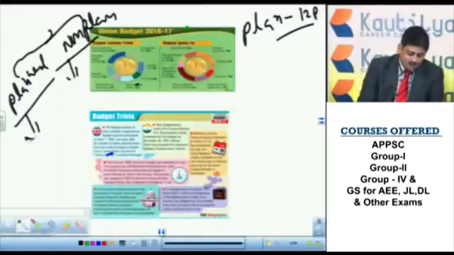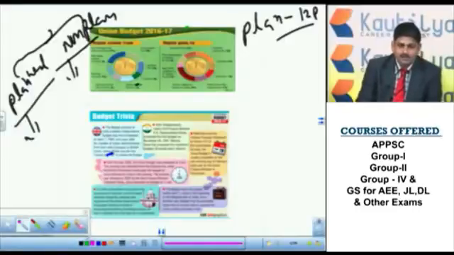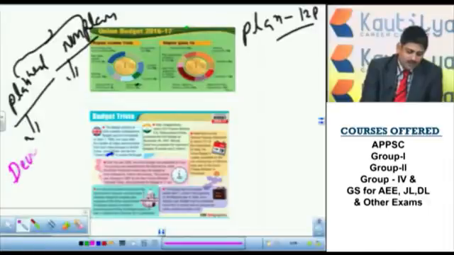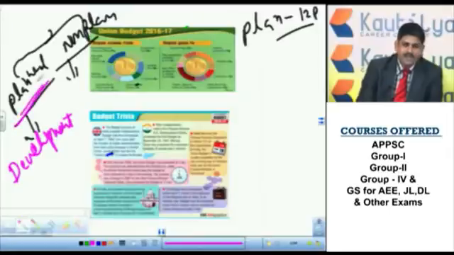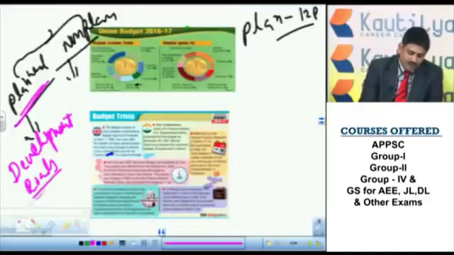Now planned expenditure is an amount spent for development, socio-development activities, and if there is a way of getting the money back, that money is known as planned expenditure. For example, laying the roads, that means it is development.